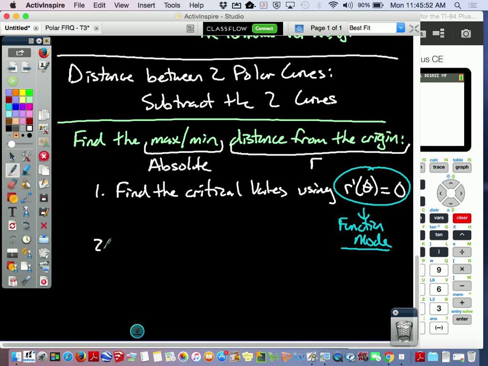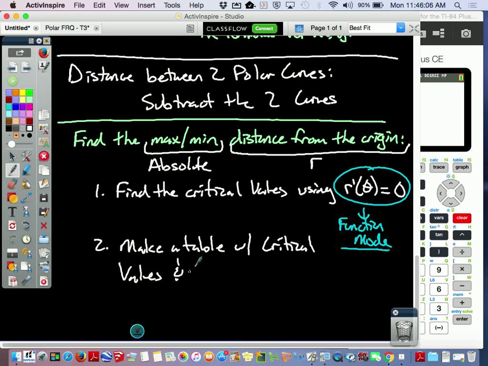Then our second step, once you have those critical values, is to make a table with critical values and endpoints. That table will look something like this.